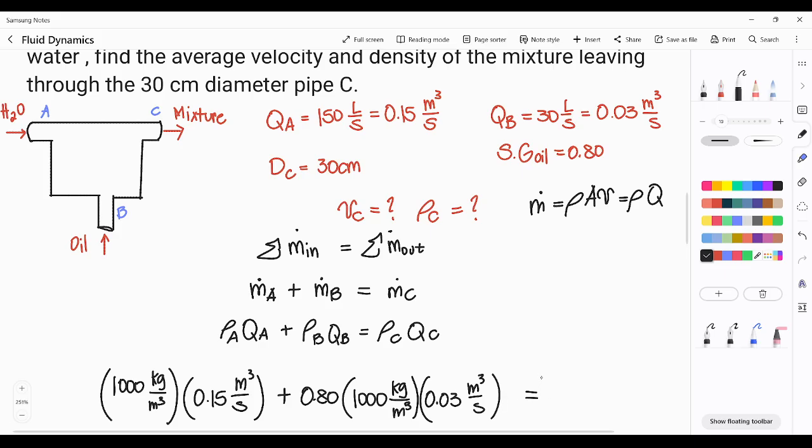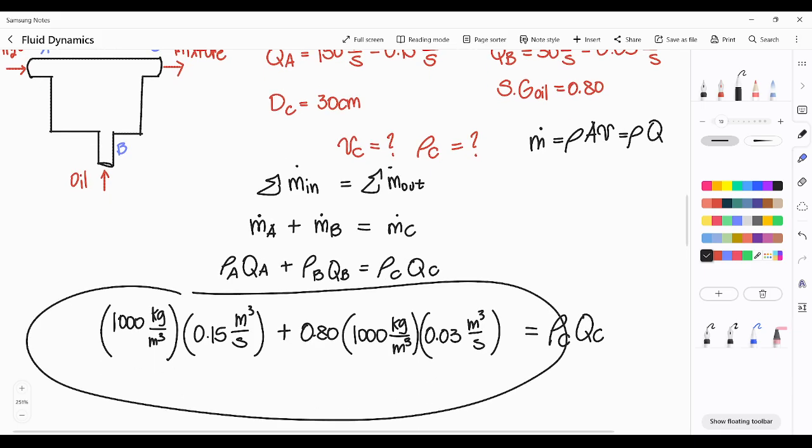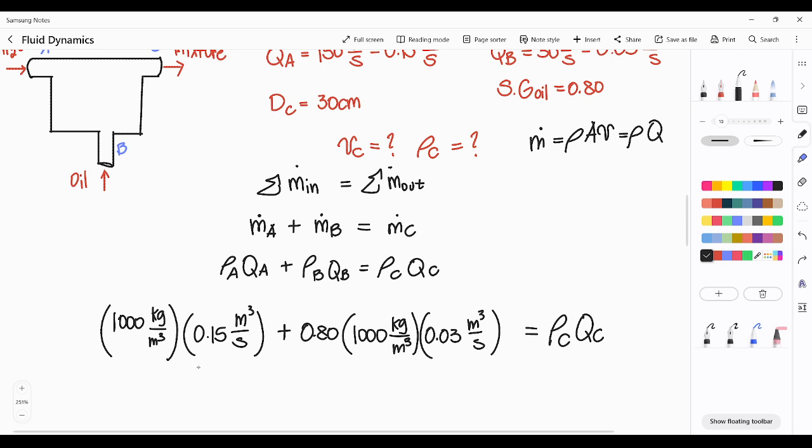And that is all equal to the density at pipe C, which we are looking for, and the volume flow rate at C. So, pressing all these values into our calculator, for rho C times QC, lalabas ay 174. Anong unit? Cancel lang yung cubic meters sa pareho. So, we will end up with the unit of kilogram per second.